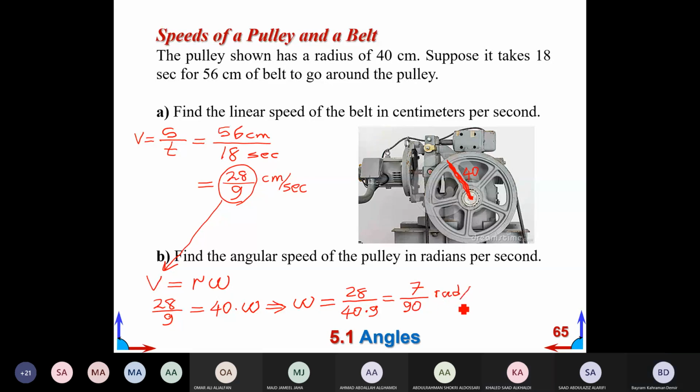Yes, radian per second. So that is how fast it rotates. It's very small, 7 over 90 radian per second. Yeah, of course, the elevator is going slowly, so this pulley is rotating slowly.